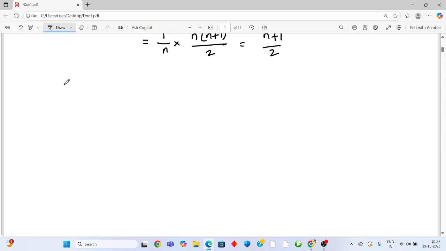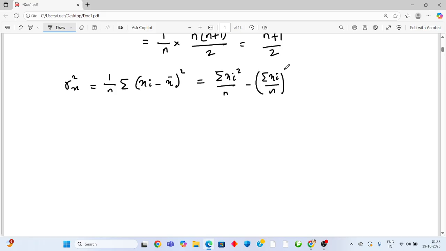And we know that variance is 1 by n summation xi minus x bar whole square, which can also be written as summation of xi square by n minus summation xi by n whole square, which can also be interpreted as mean of squares minus square of the mean.